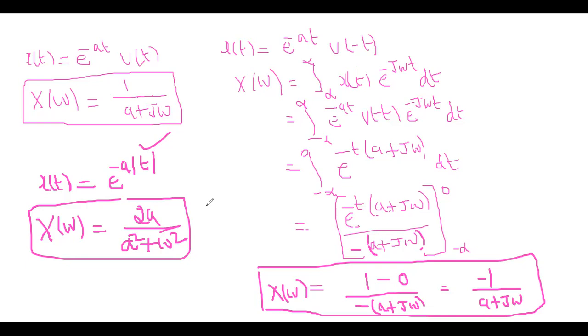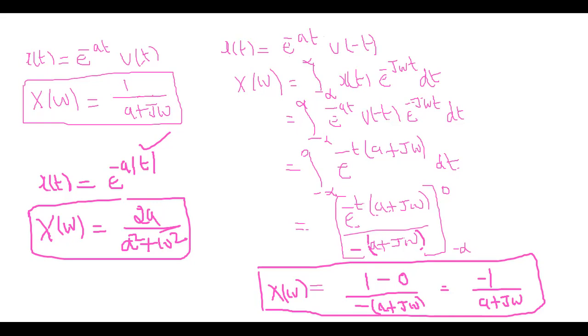So for positive values and negative values of t, for both the exponentially decaying function and exponentially rising function, we obtain the Fourier transformation of the signals. Coming to the case where the signal is multiplied with t, the ramp signal, what is the Fourier transformation?